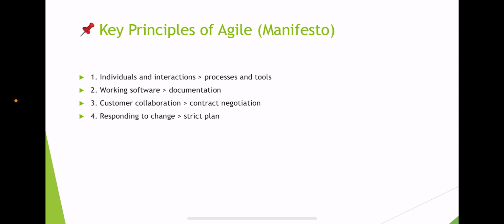Whatever plan has been decided during sprint planning and the agile ceremonies should be followed. That is the key principle of agile. Whatever we plan, we work accordingly, and we accept change requests in between according to the customer's modifications or change requests.